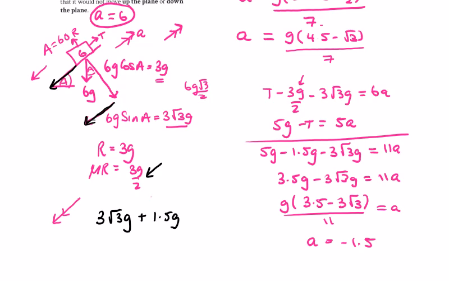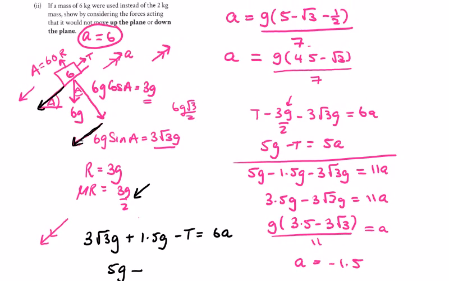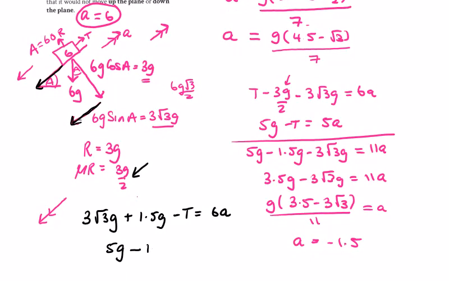That would be minus T, going down the plane, is equal to MA, 6A, and the other equation is 5G minus T is equal to 5A. I need to reverse the sides of this, don't I? Yeah, I need to reverse the sides, just the left hand side here to change direction.